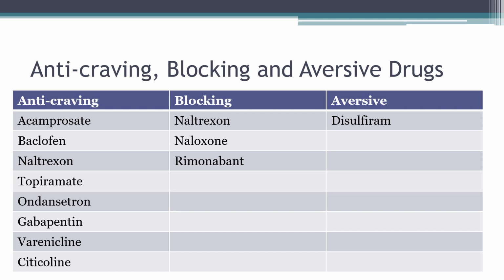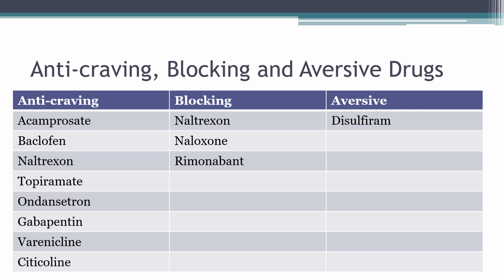Disulfiram blocks the metabolism of alcohol, and a higher amount of alcohol accumulates in the blood, and it causes more adverse effects. So, in case of disulfiram, the patient is first counseled, and if the patient is highly motivated, then only this drug can be given, because alcohol consumption in the presence of disulfiram may lead to adverse reactions like seizure, coma, and death also.